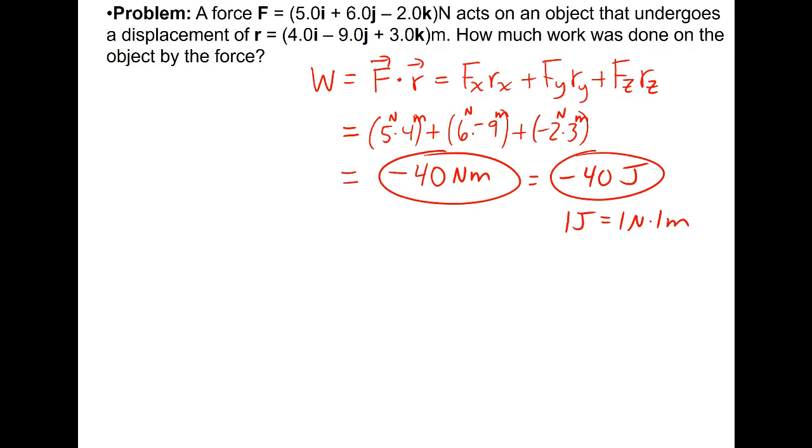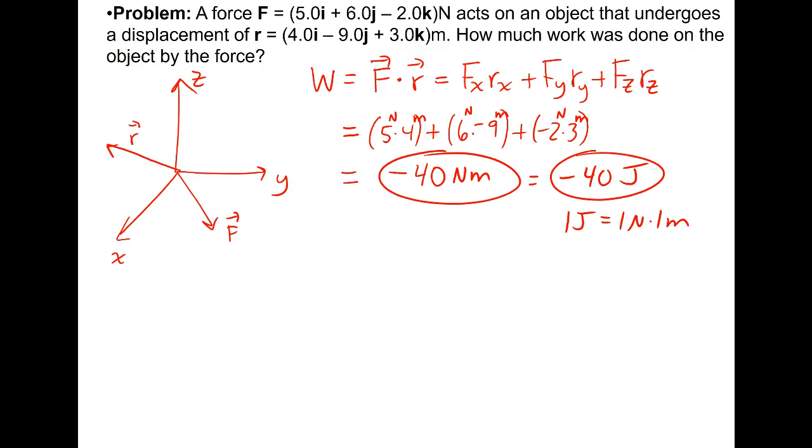Now one way to think about this is to actually draw it out and to look at these vectors. So if we have x going this way and y going this way and z going that way, we could say that F is approximately in this direction, and we can say that R is kind of in this direction.